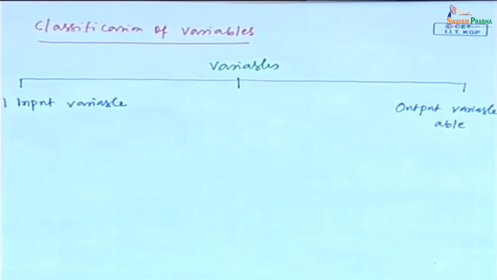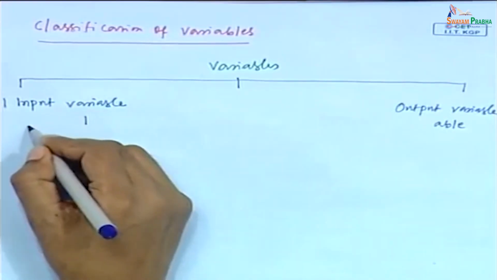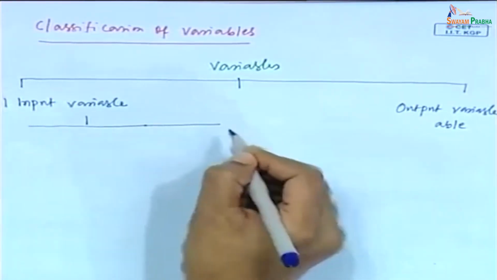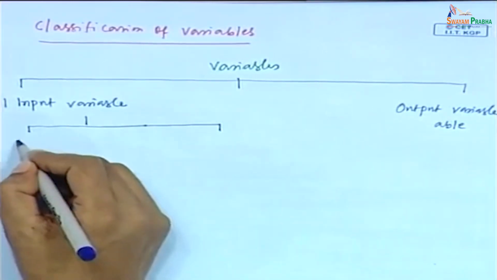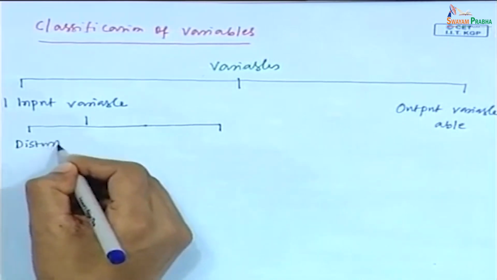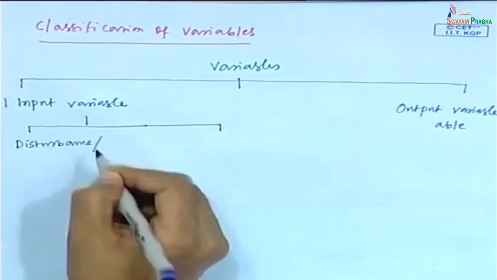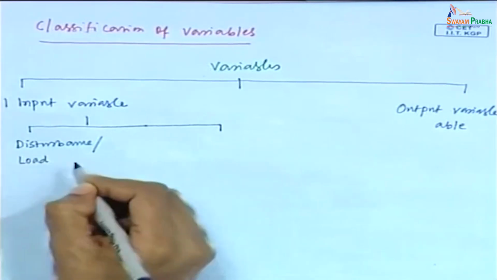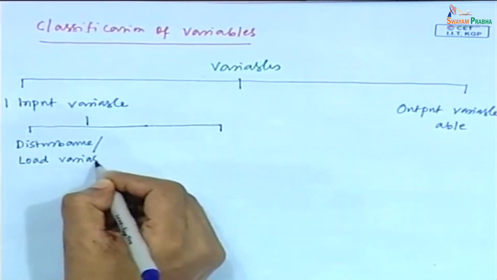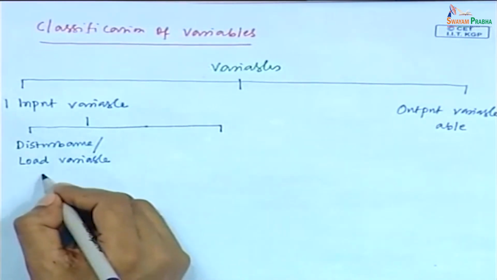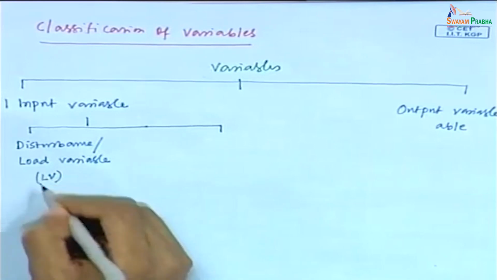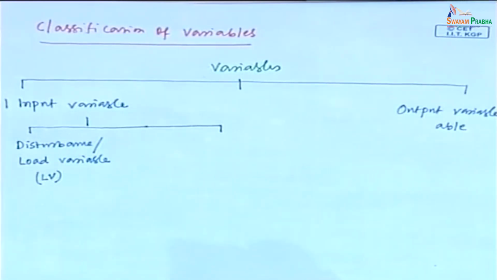Now, input variable is again of two types. First one is disturbance or load variable, conventionally represented by LV.